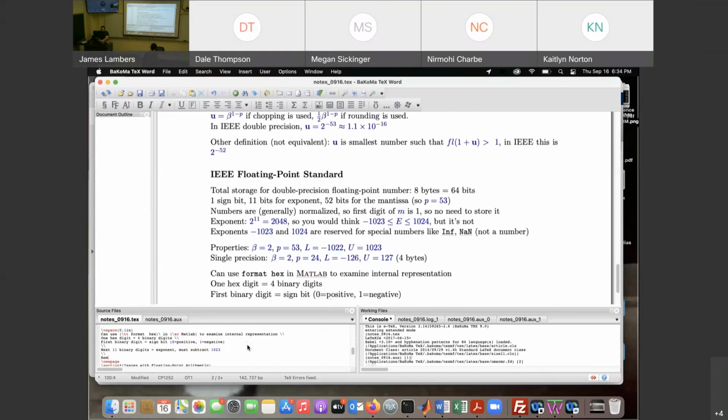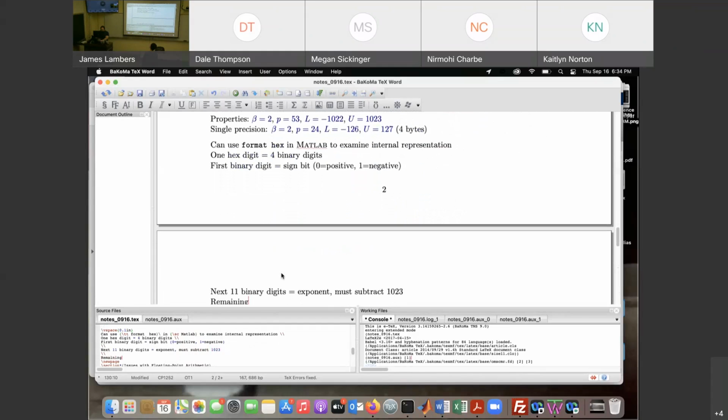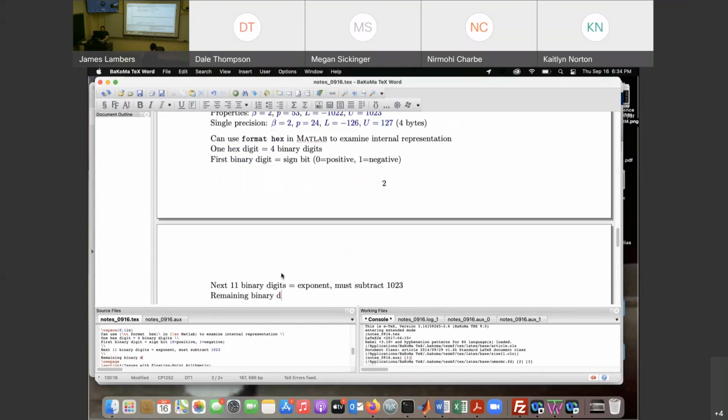And then all other binary digits are for the mantissa, with an implied 1. Okay. So that's what's going on with format hex.